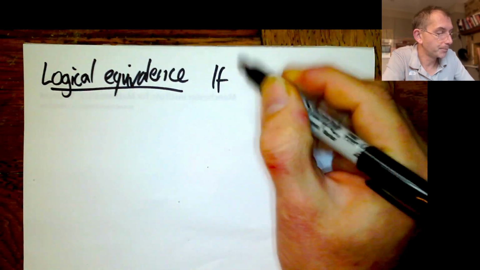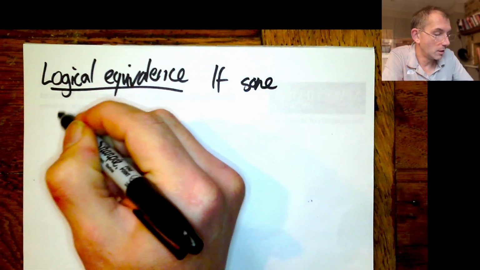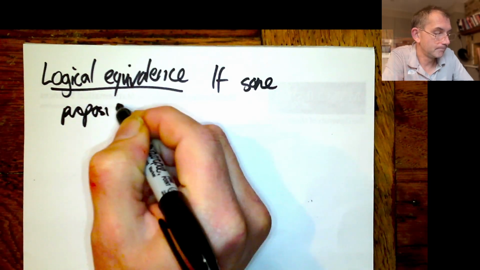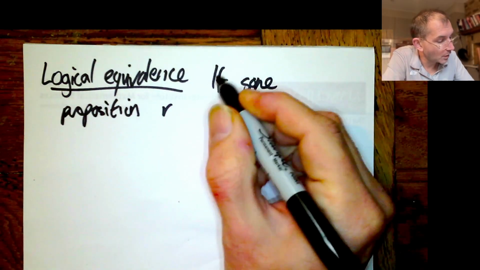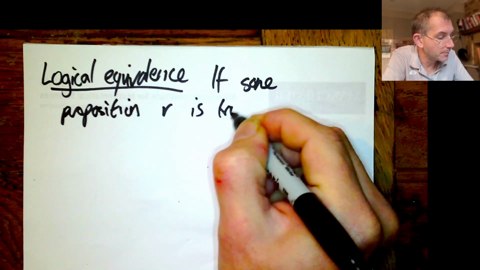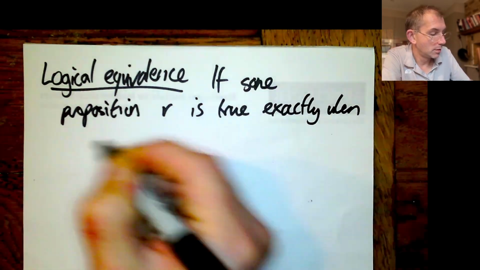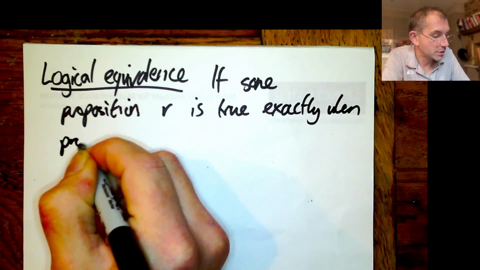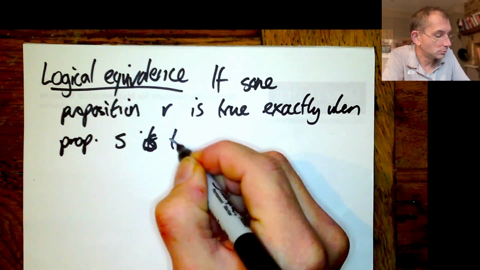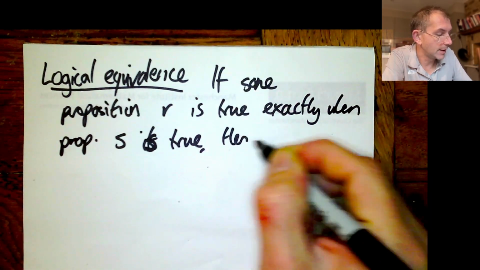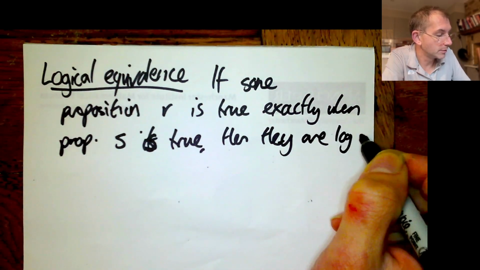So if some proposition, let's call it R, is true exactly when some proposition S is true, then they are logically equivalent.